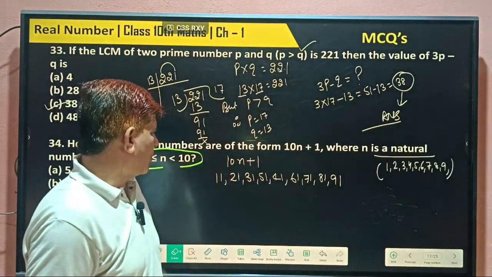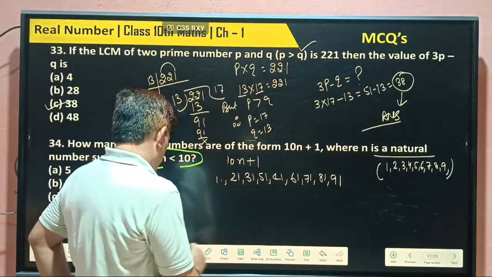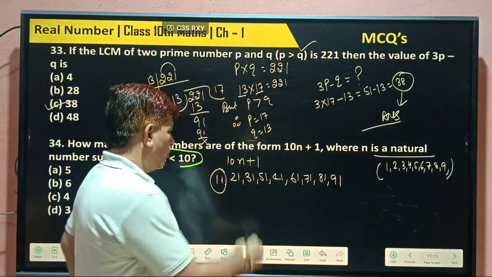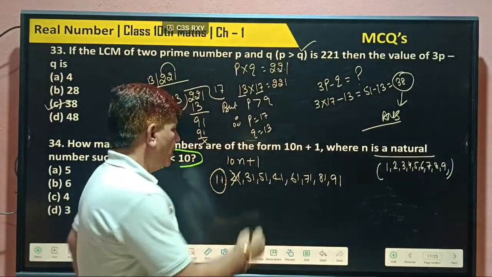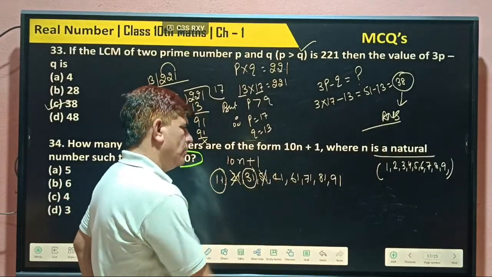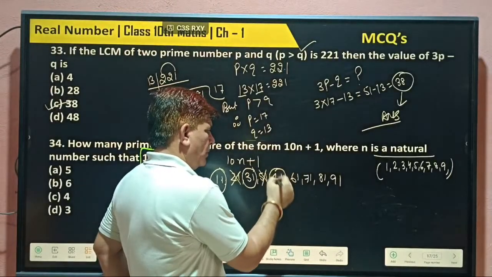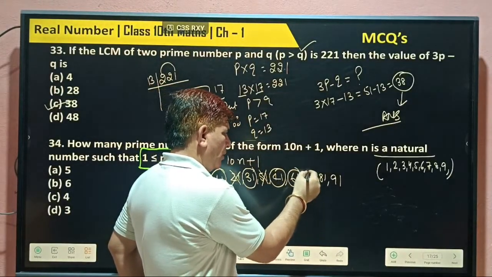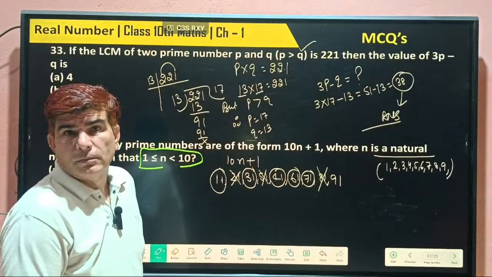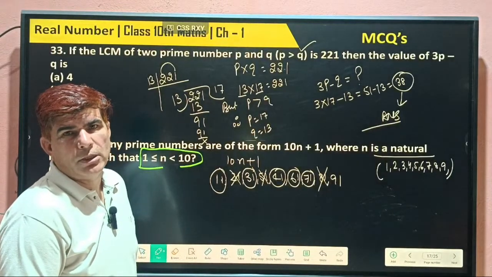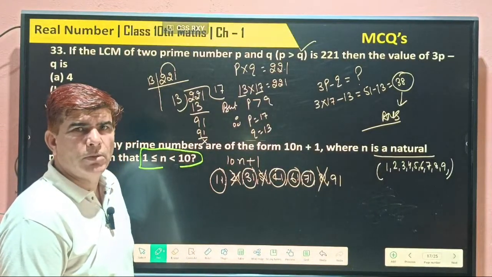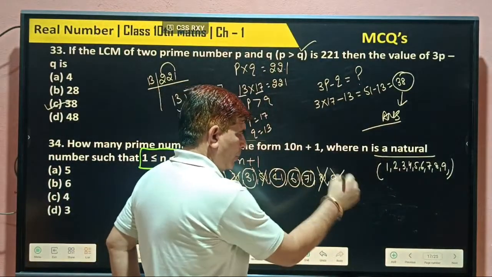How many of them are prime? 11 is a prime number. 21 is divisible by 3, so not prime. 31 is prime. 51 is divisible by 3, not prime. 41 is prime. 61 is prime. 71 is prime. 81 is divisible by 9 and 27, not prime. 91 is divisible by 7 and 13, so also not prime.